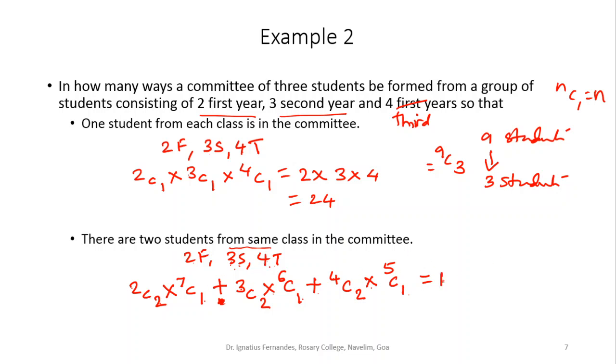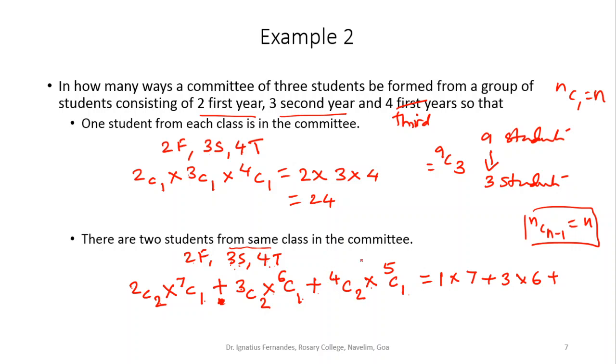2C2 is 1, and 7C1 is 7, plus 3C2 is 3, because I know that 3C2 is the same as 3C1, and nC(n minus 1) is equal to n. Recall that we discussed it in the previous slide. 6C1 is 6, plus 4C2. Now 4C2 is like nC2, n into n minus 1 upon 2.